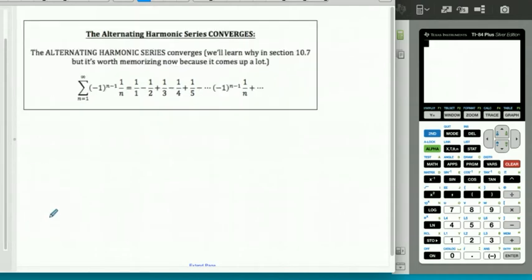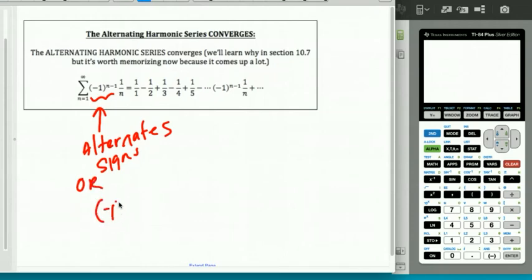The alternating harmonic series, where I put this thing in the front, is what makes it alternating. So this alternates signs, and you can see that, where it's positive, negative, positive, negative. It can either be this, or it could be the one that starts negative. It doesn't matter if it starts negative, and then positive.